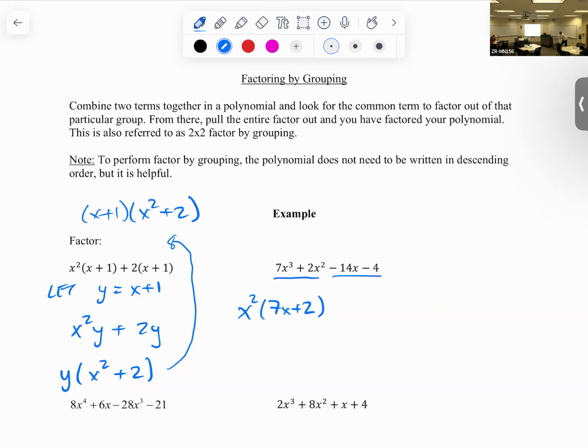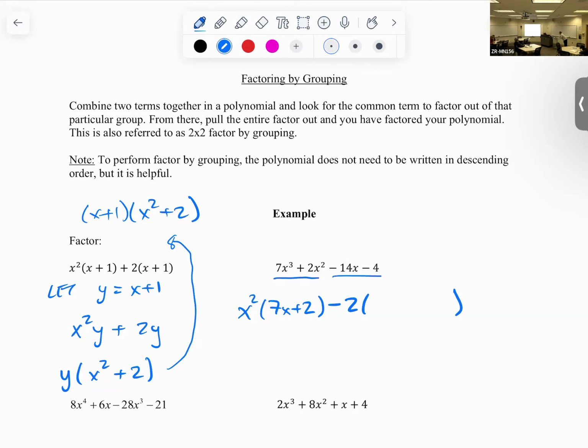7x plus 2. Of the second 2 terms, what is the greatest common factor? 2. Almost. -2. Yeah, that's crucial there. A negative and a negative, which means not just 2, but -2. So I can pull a negative out of there as well. What's remaining there, Fred?